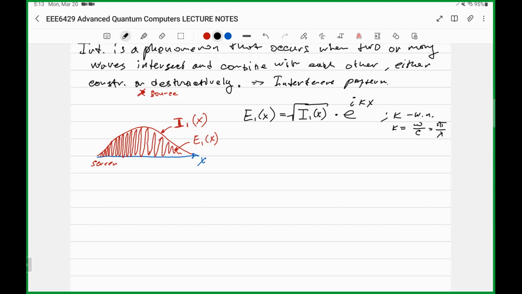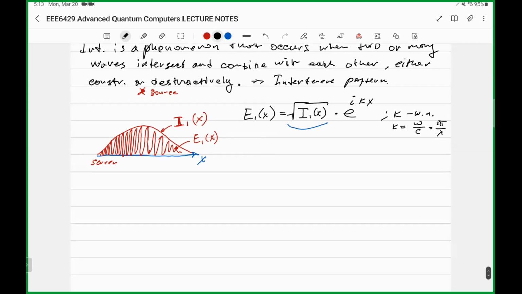So why this factor here? Well, simply because I normalize my units. Why this prefactor?